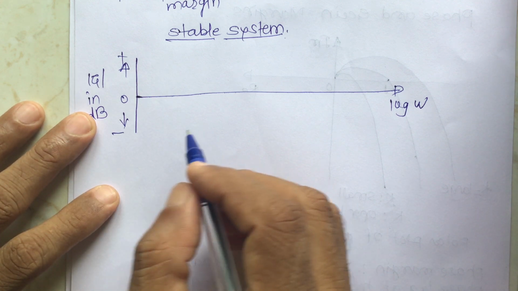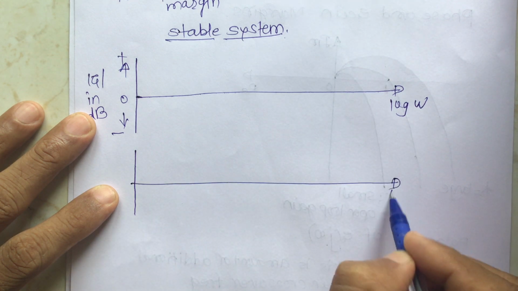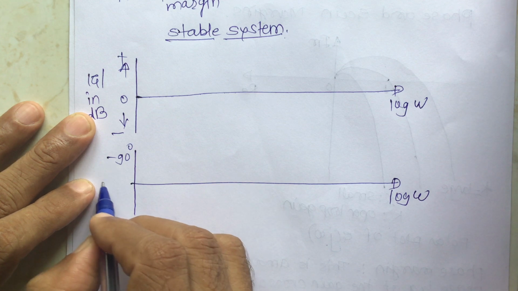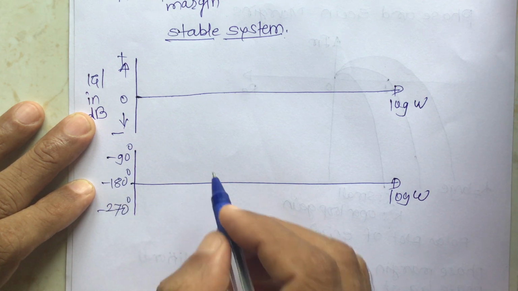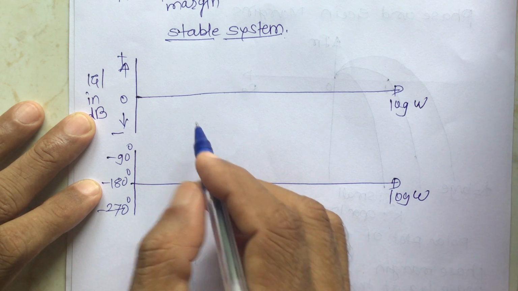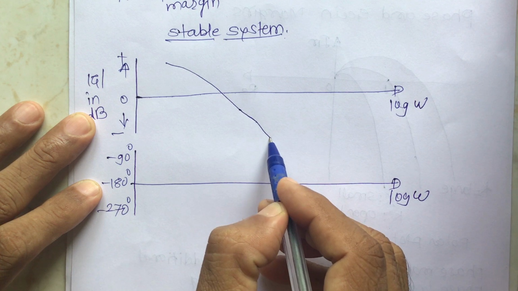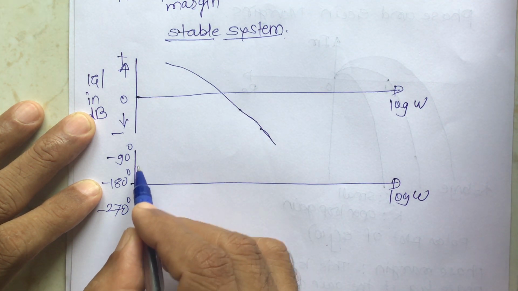And the phase angle curve is like this again. This is minus 90 degree, minus 180 degree, and this is 270 degree. Okay, so now your plot is like this.